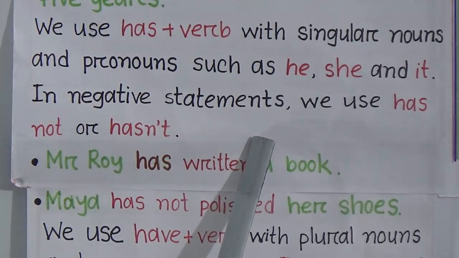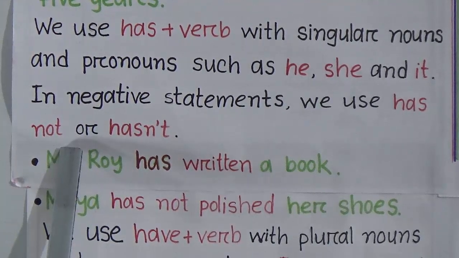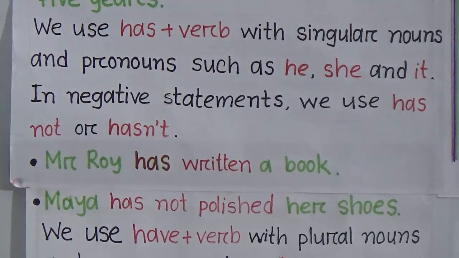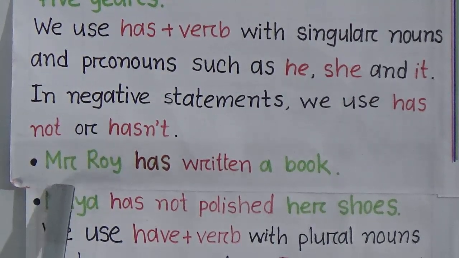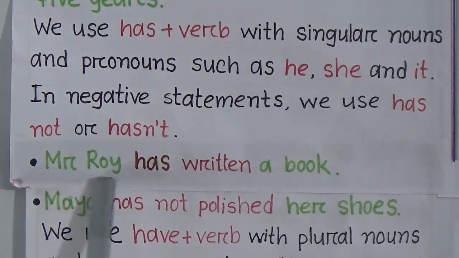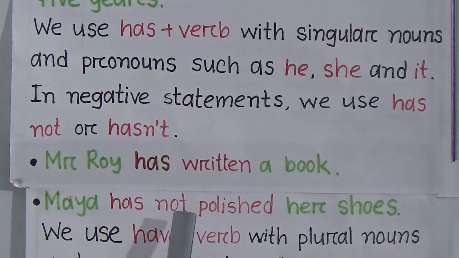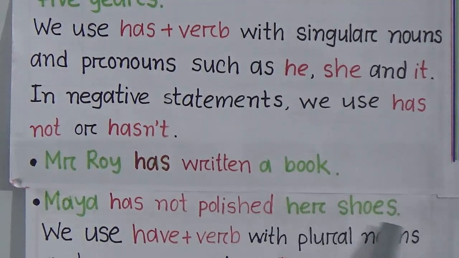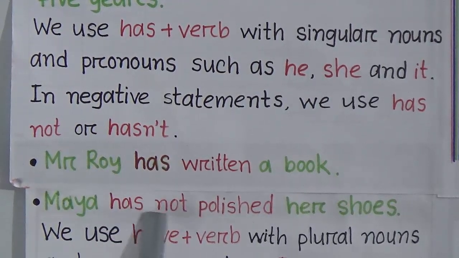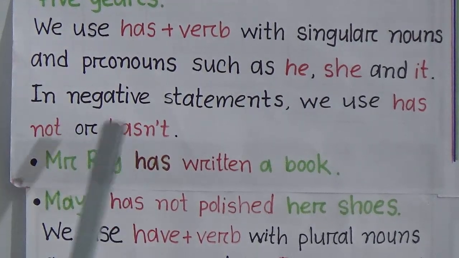For negative, we use has not, and hasn't is the short form of has not. For example, Mr. Roy has written a book. This is a positive sentence, and here is a negative sentence: Maya has not polished her shoes. So here we use has, and here we use has not.